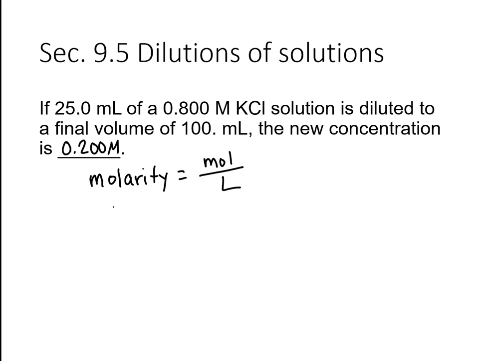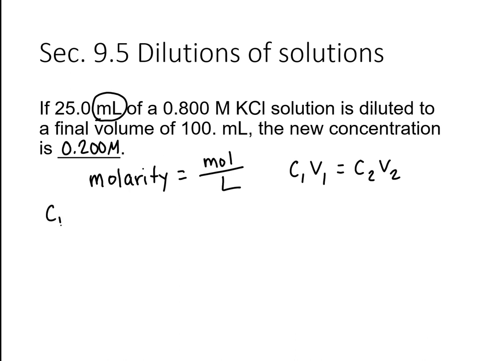The volumes that you were given were in milliliters, so you can't just use that straight up. You have to convert these volumes from milliliters to liters. And then you use C1V1 = C2V2.